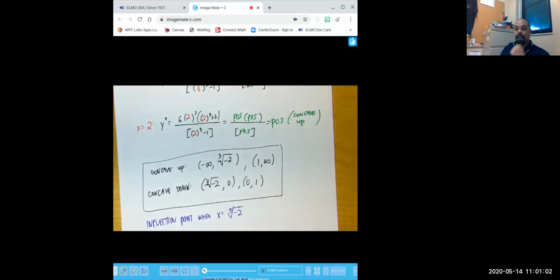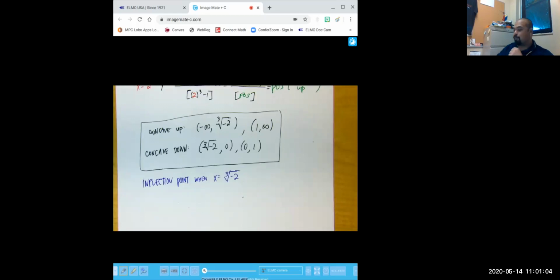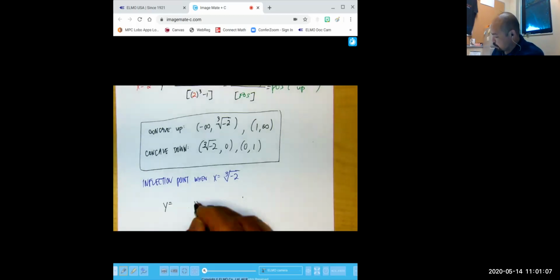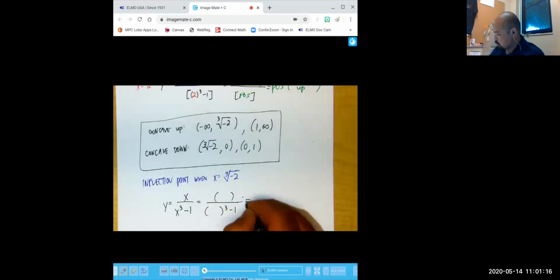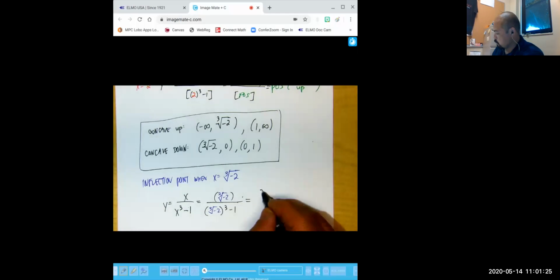So for our inflection point at that cube root of -2, if we were to go back into our original equation, that's going to be -2 minus 1. We're going to get this coordinate.